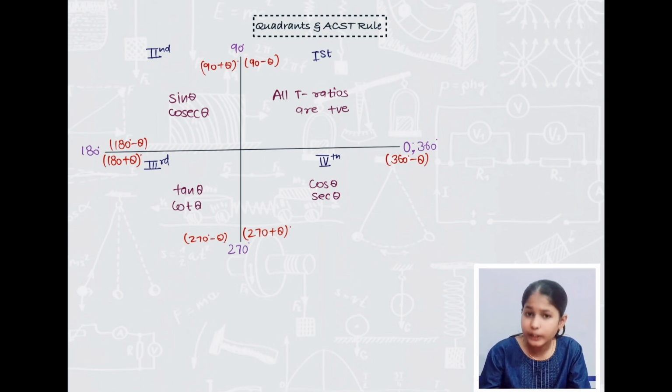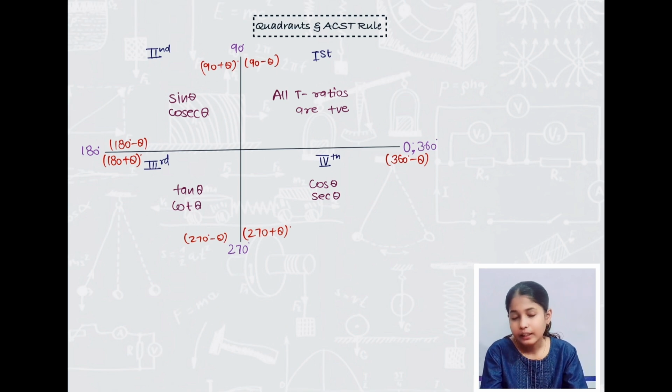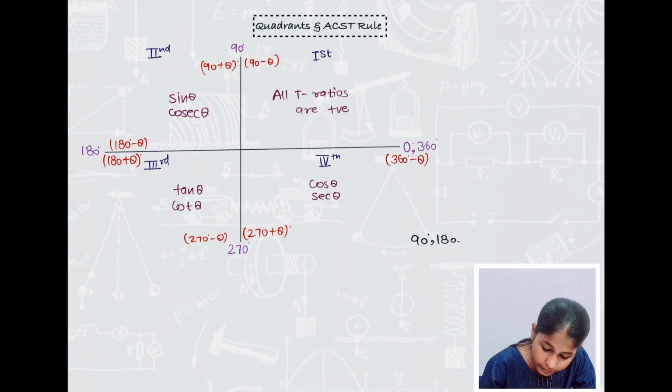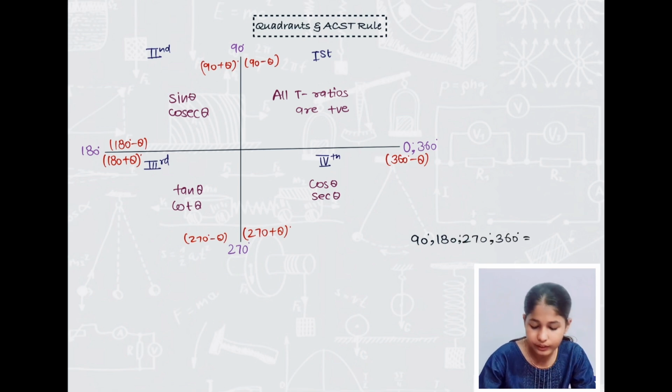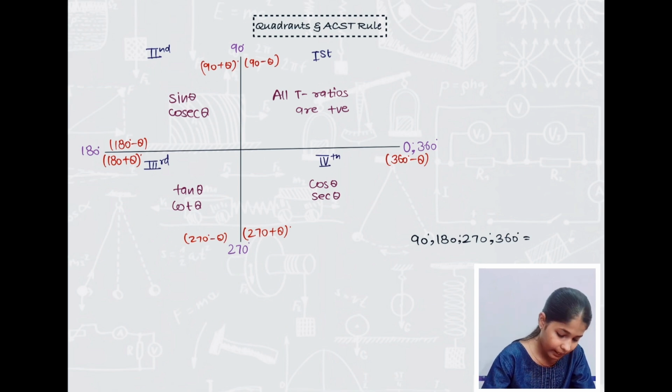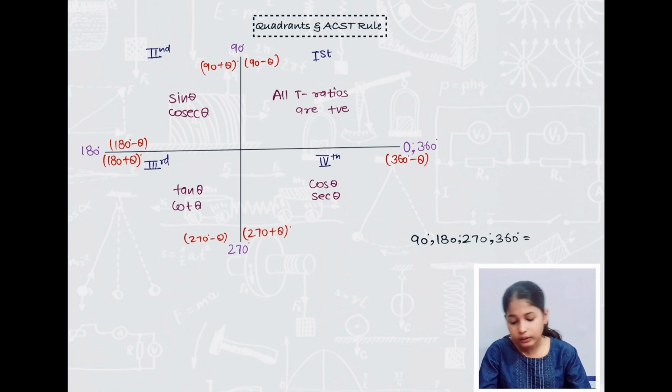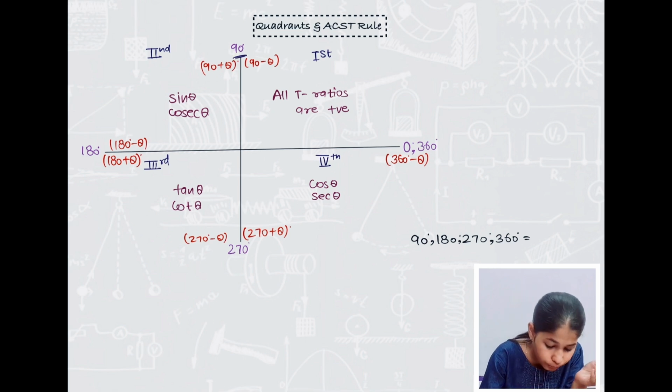Now, some of the key points which are important for applying this concept on the question. Can you see here that 90 degree, 180 degree, 270 degree, last but not the least 360 degree, all of these angles are acting as a main angle, because we are using them.